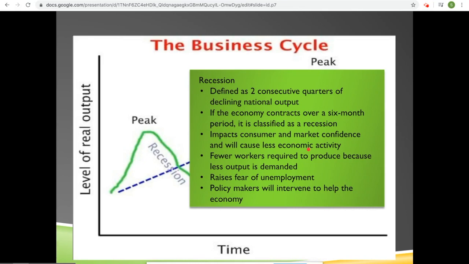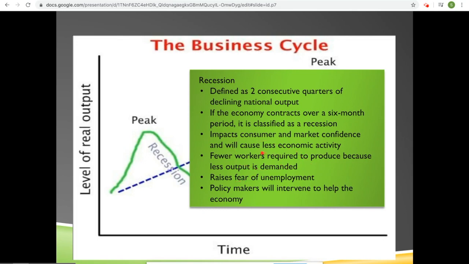So even when we do get out from the lockdown, let's say we focus on Thailand, Thailand's going to take time to get the consumer confidence back, right? It's a tourism driven economy, and naturally this less economic activity is going to result in a recession. Fewer workers are required to produce because less output is demanded.